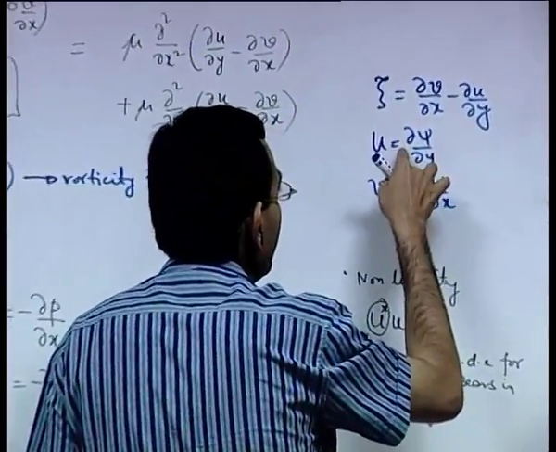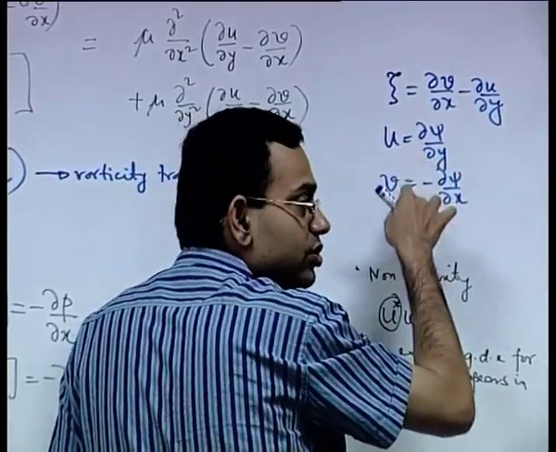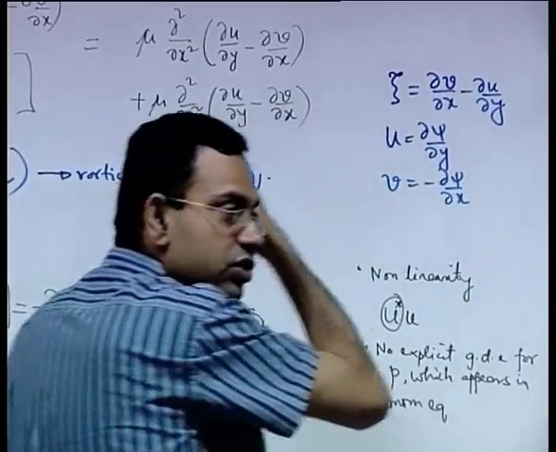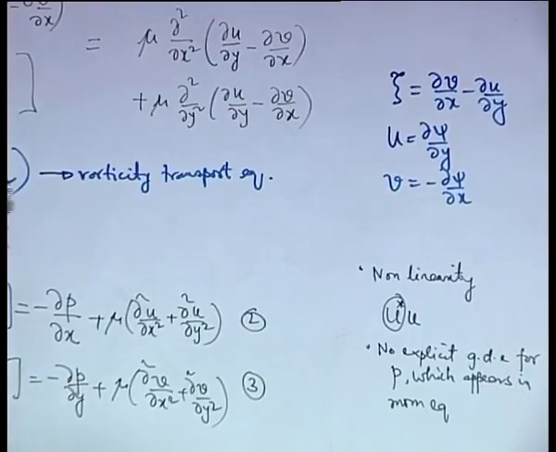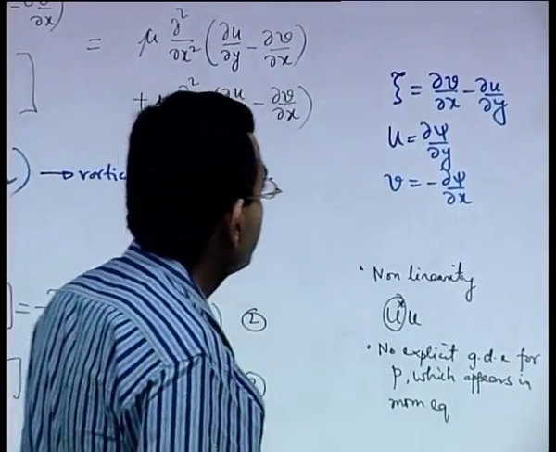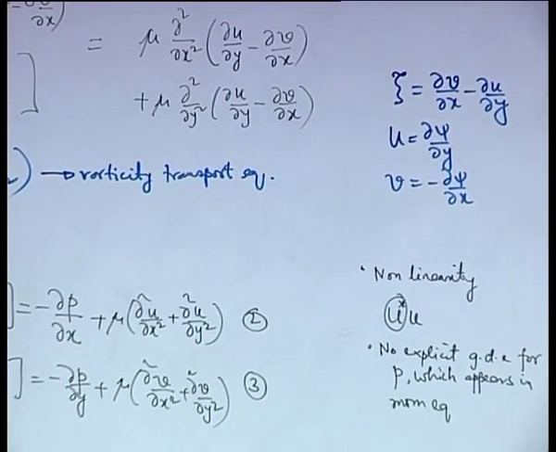Again any one of these could be a plus sign, another could be a minus sign. The objective is to satisfy the 2 dimensional incompressible form of the continuity equation. So, if we define for example in this way, then how can you write del v del x?